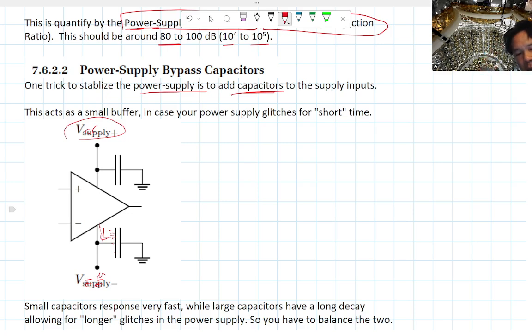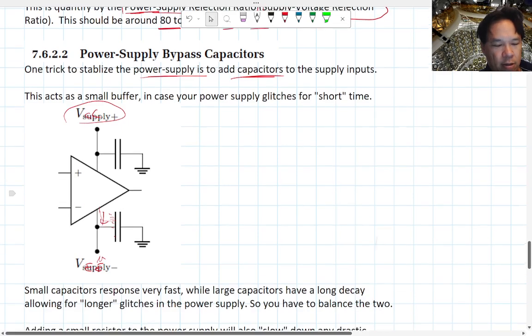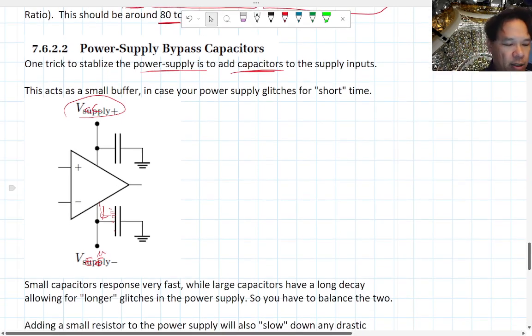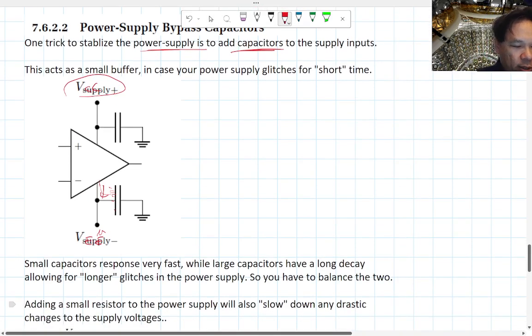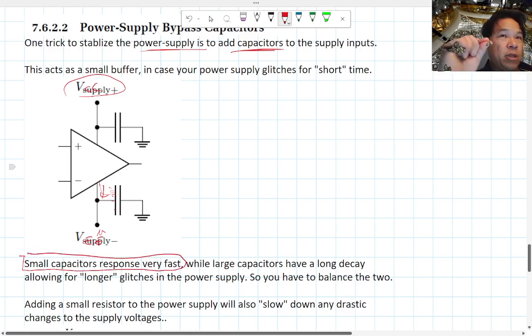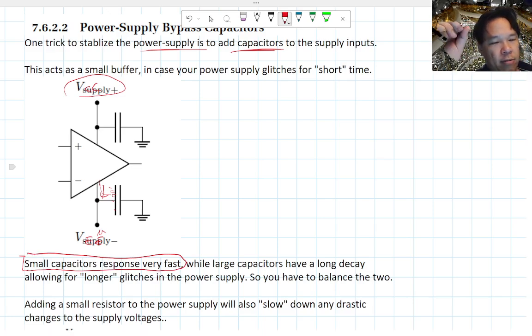Depending on the size of the capacitor, it's not going to last forever, of course, but it buys you maybe a nanosecond, where a lot of these power supply glitches may not last that long. One thing to note is that a small capacitor can respond very quickly, meaning if you have glitches that are a few nanoseconds, a small capacitor is very nice for that.